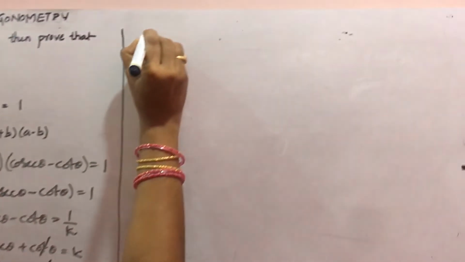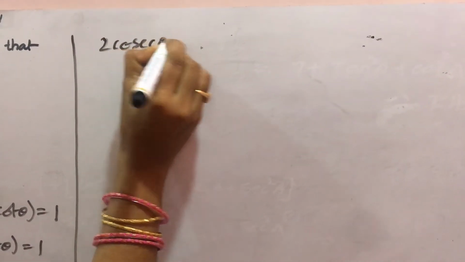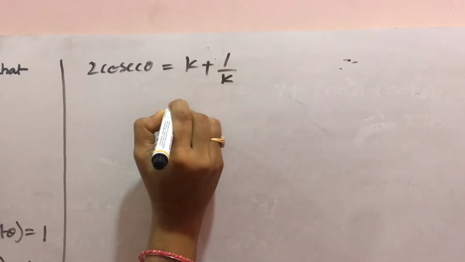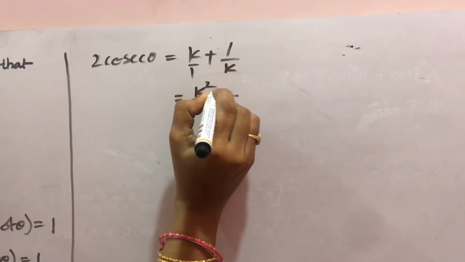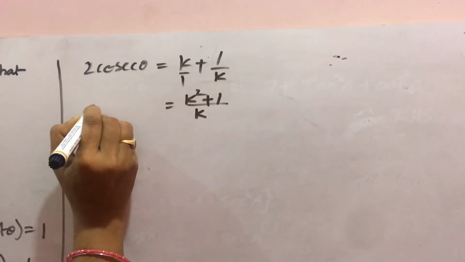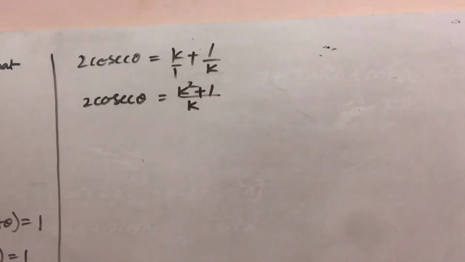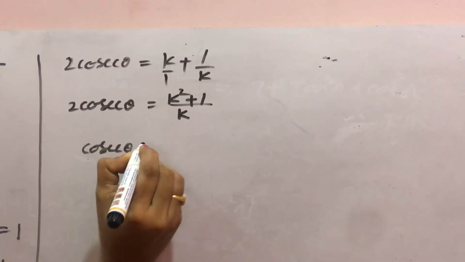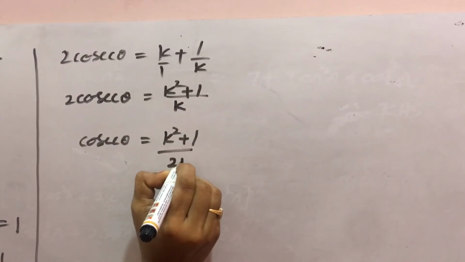See here, 2 cosec theta is equal to k plus 1 by k, or we can write this as k square plus 1 in the numerator. 2 cosec theta is equal to k square plus 1 by k, or cosec theta is equal to (k square plus 1) by 2k.